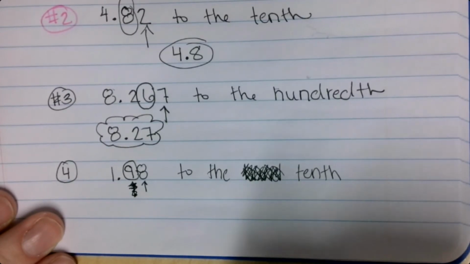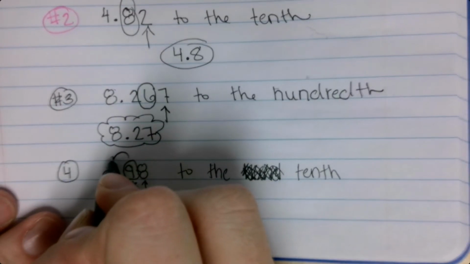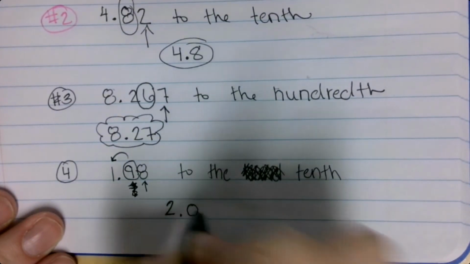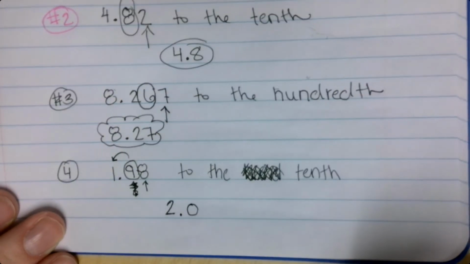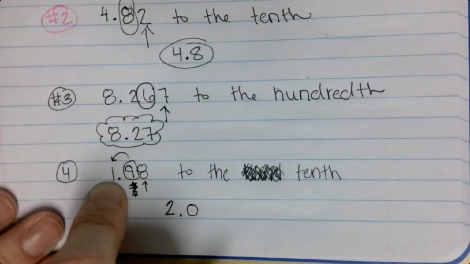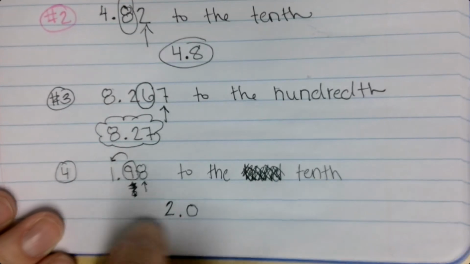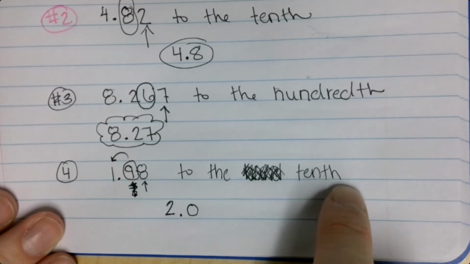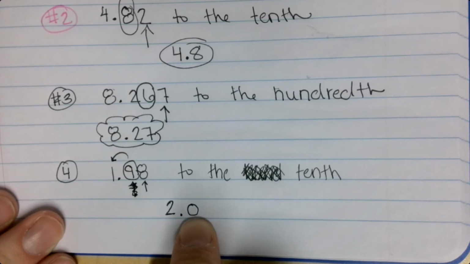That means that this would then go over here. So my answer would actually be 2.0. The 9 goes to a 10, meaning I add another 1 here, giving me a 2. I still need to the 10th place, which is why I put my 0 right there.